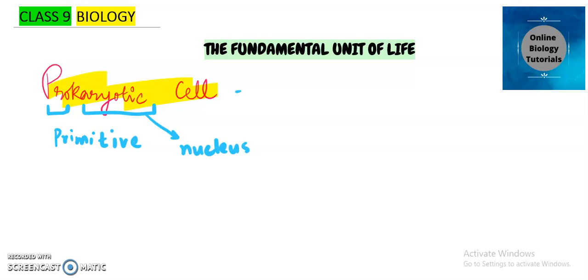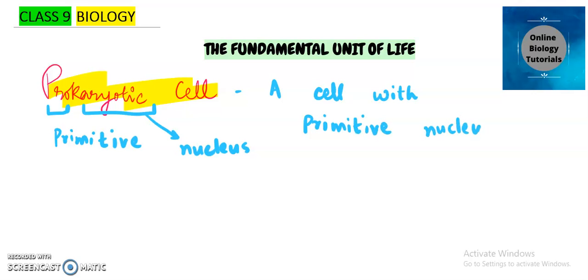So, it is clear that a cell with primitive nucleus is known as prokaryotic cell, right? A cell which will be more primitive in origin, it will be known as prokaryotic.